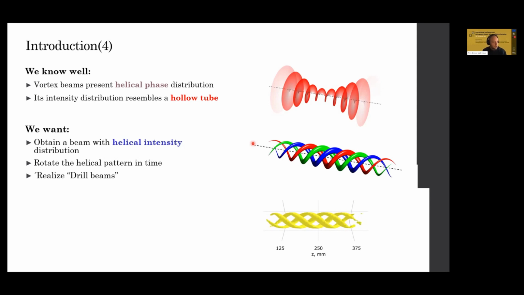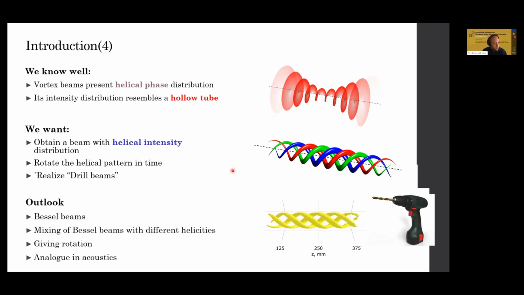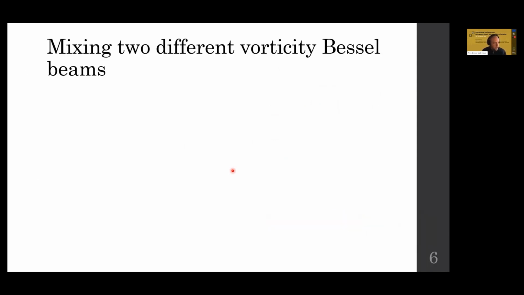So how to do it? This is what we are trying to examine. The idea is to use Bessel beams, mix those Bessel beams, and also impart rotation, with some analogs from acoustics. In wave physics, doesn't matter optics or acoustics or whatever, the method to generate such beams is to take a Bessel beam, for example.